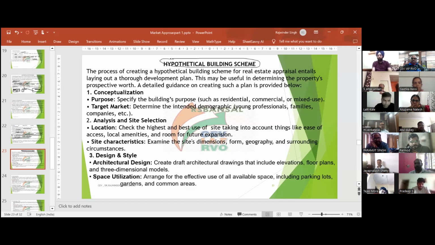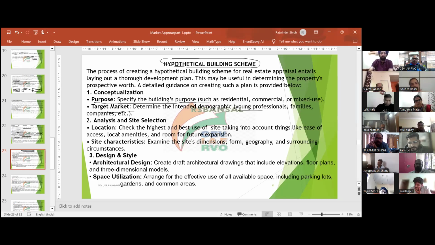And for reconstruction of the building, you can check what type of building you may construct: residential, commercial, or industrial, or mixed use, whatever type of building. Then you should know what is the target market, that is, who can buy or who can take properties on rent in that area, such as young professionals, families, or companies, etc. What is the target market?